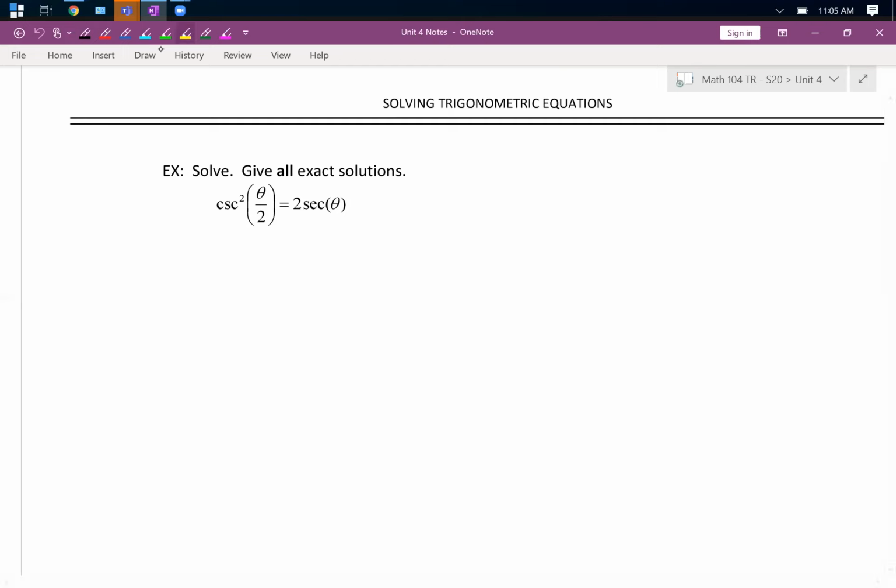So anytime you see it say give all exact solutions, we're going to get our answer like normal, and then add, if we're in radians, 2 pi n, where n is an integer.